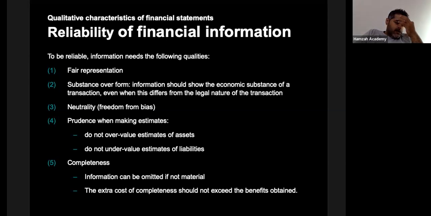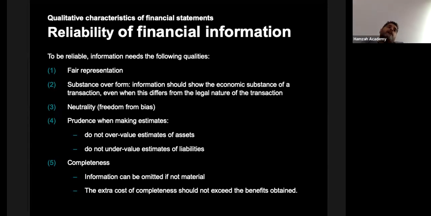Materiality is something that can affect or influence your decision, like a shareholder's decision. In addition, financial information need not be complete if the cost of making it complete exceeds the benefit.